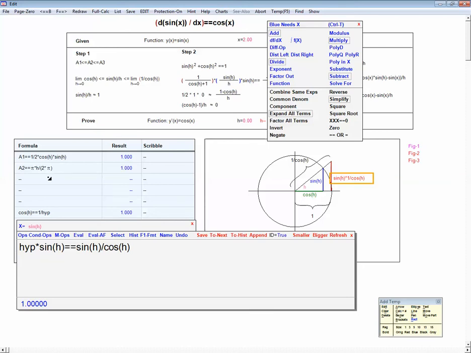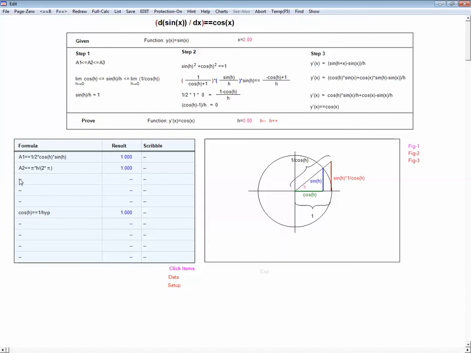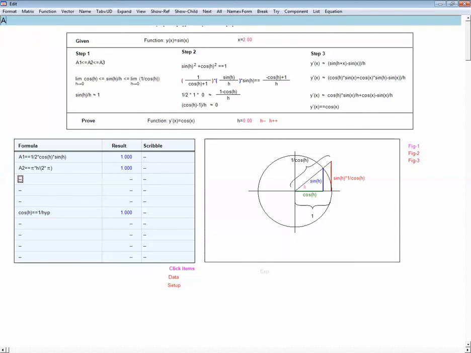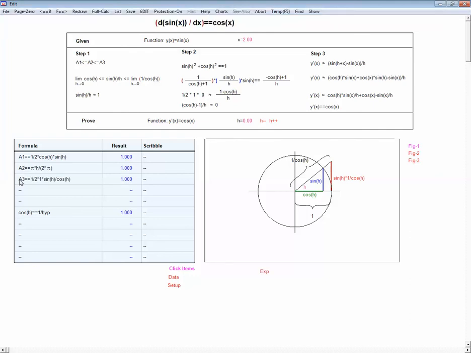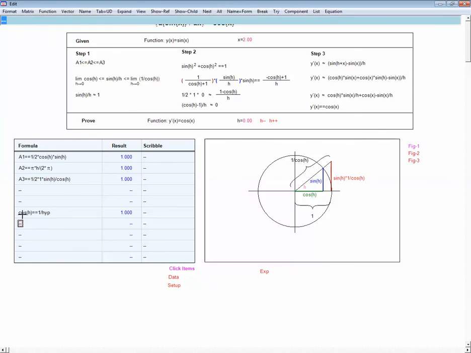Okay, so let's put that in our picture then. Our area for that third and largest triangle is A3 equals 1/2 times the base, which is 1, and the side, which is the sine of h over the cosine of h. And notice we have the same expressions there, so that means I'm good so far.